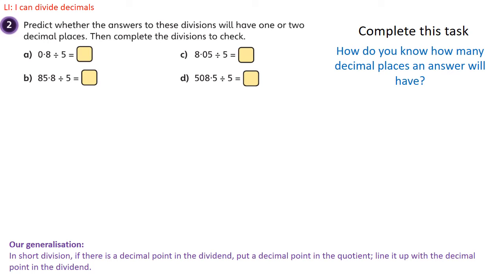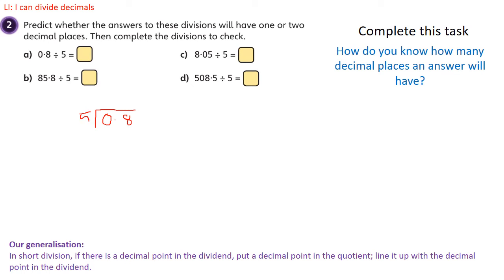Can you make your predictions now? Okay, let's start to think about how we're going to check. Let's have a look at A. So 0.8 is our dividend, the number that we're going to divide. And 5 is our divisor.